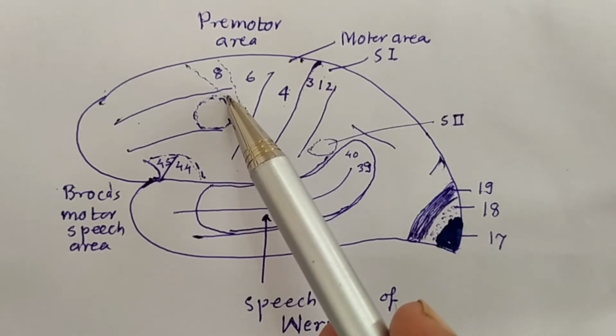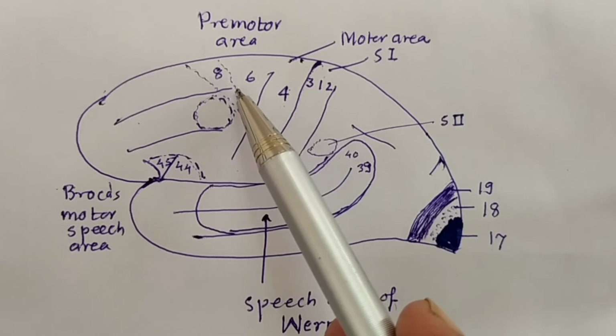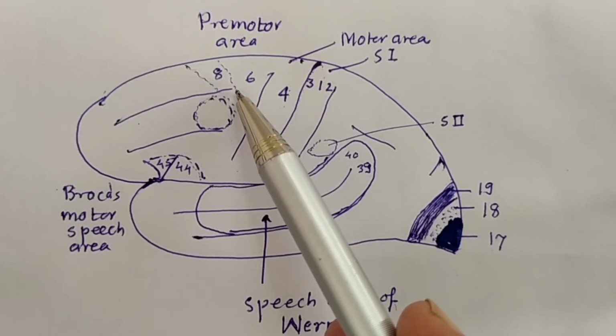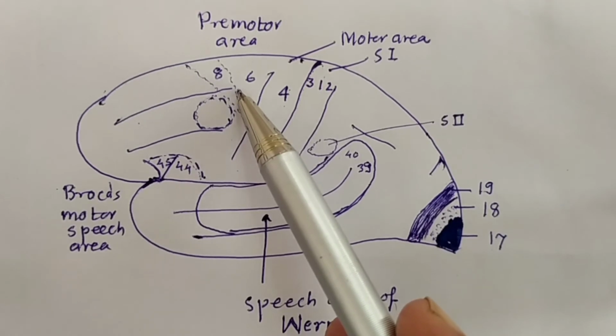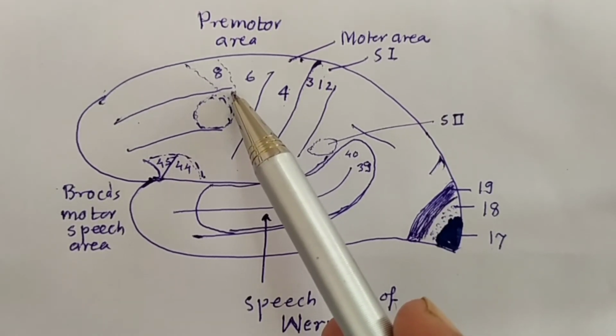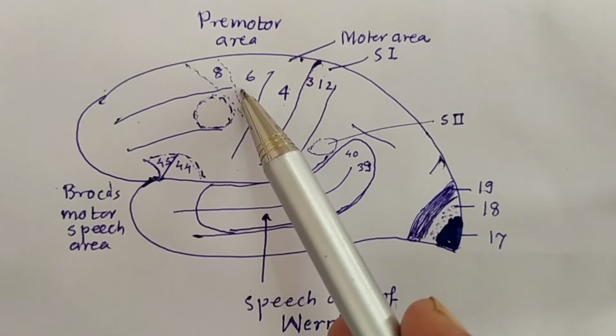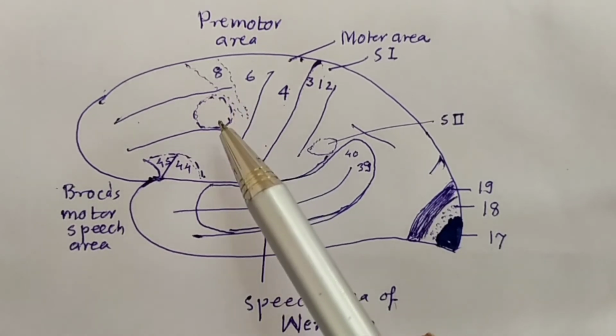This premotor area is responsible for more intricate movements. Stimulation of this area leads to more intricate movements. It is responsible for programming the intended movements and control of the movements while in progress.